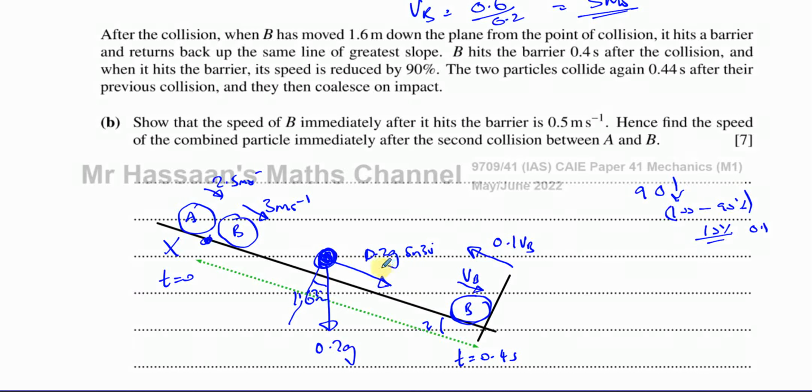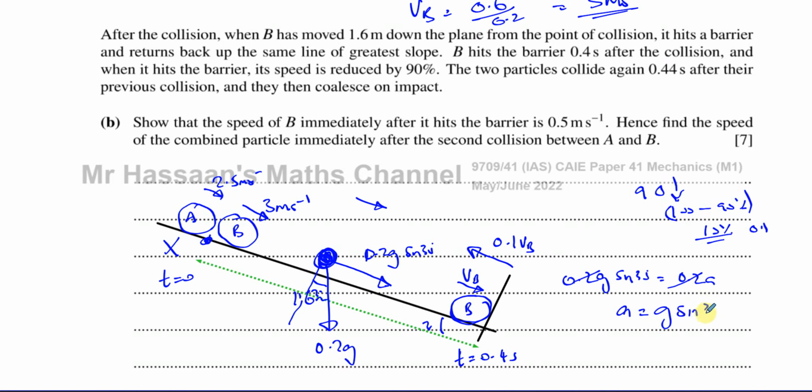That's the force acting down, the only force acting on it. So taking down as positive, 0.2 g times sine 30 equals the mass, 0.2, times a. So the acceleration is g sine theta.